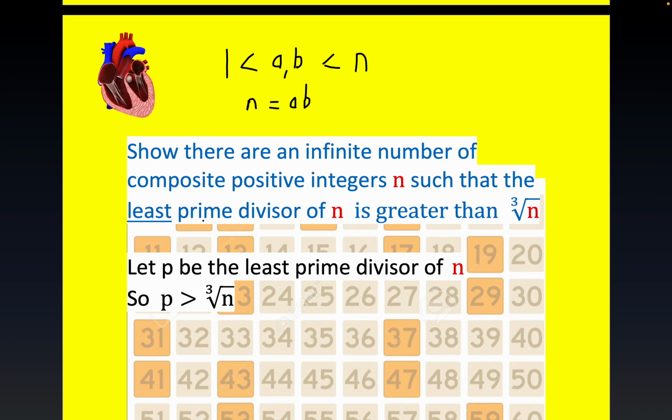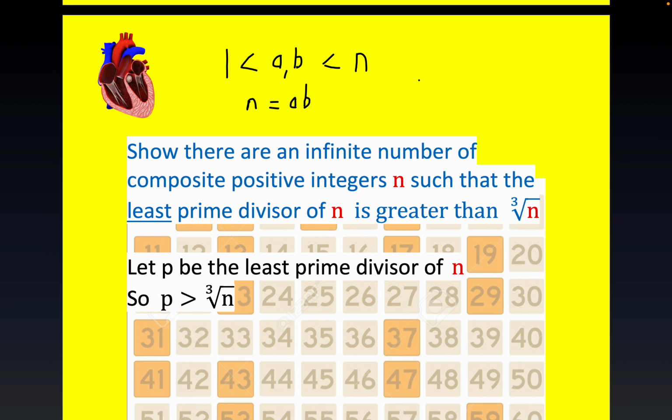But we're claiming that this least prime divisor of n is greater than the cube root of n. Again, that sounds fairly restricted, to the point you might not expect there to be any, or maybe even a finite number. But we can actually show that there's an infinite number.